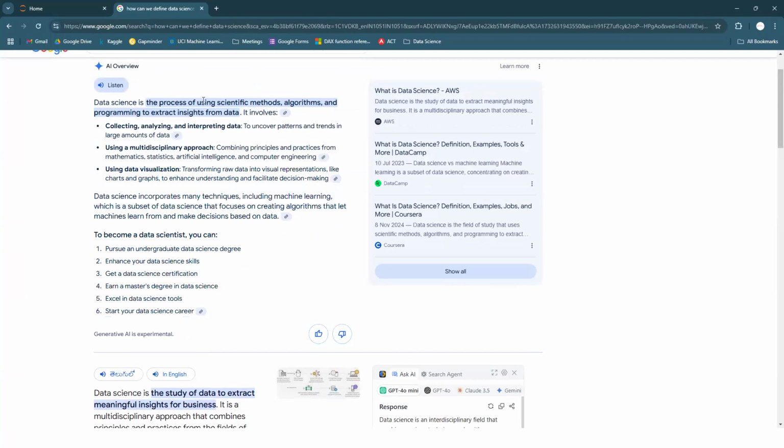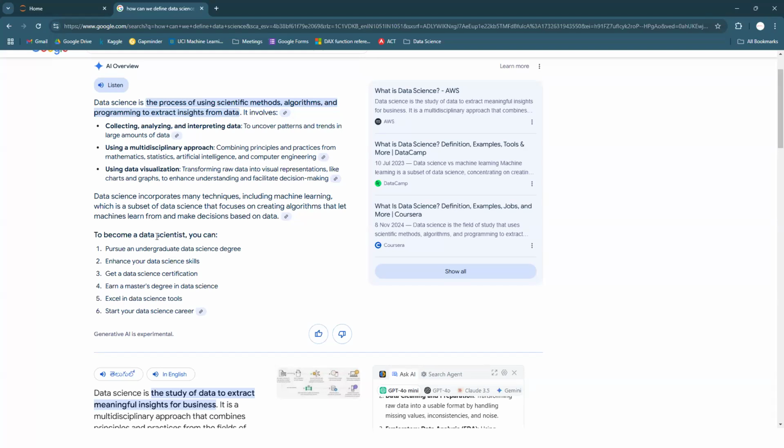Data science is a process of using scientific methods, algorithms, and programming to extract insights from the data. As we can see, collecting the data, analyzing the data, interpreting the data, using some data visualizations, using a multidisciplinary field, guys.